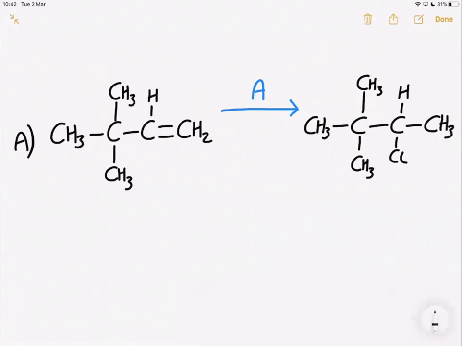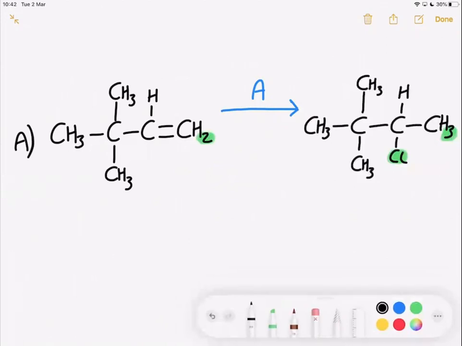This is really a question of playing spot the difference. What's happened when we've gone from the left-hand side to the right-hand side? And hopefully what you can see is that a chlorine atom has been added at this carbon, and a hydrogen atom has been added at this carbon. We've gone from CH2 to CH3.